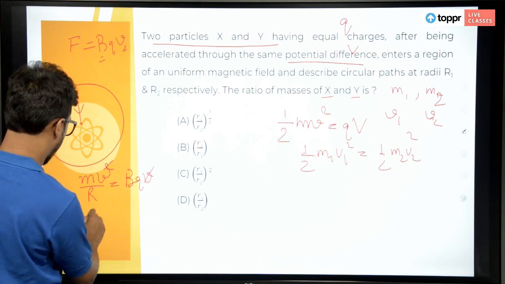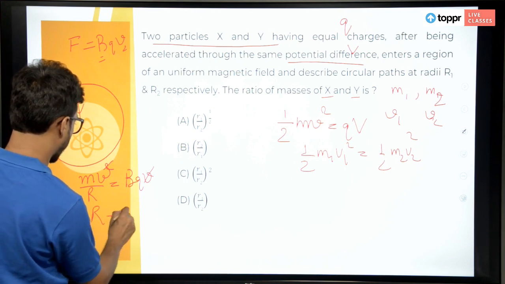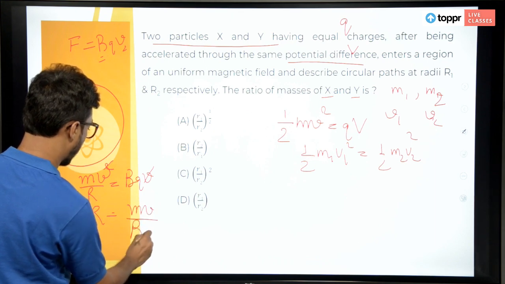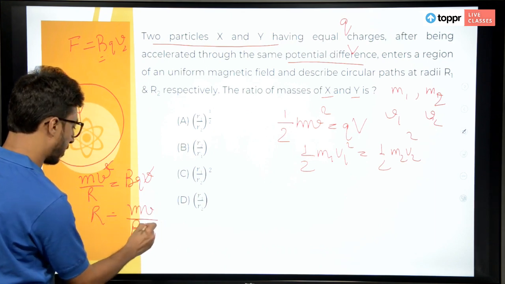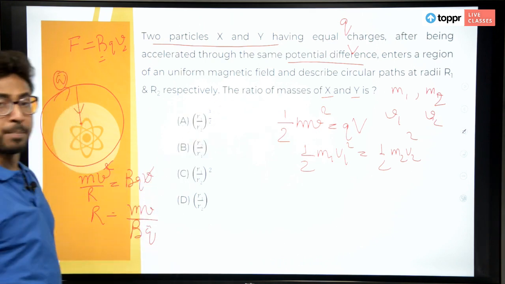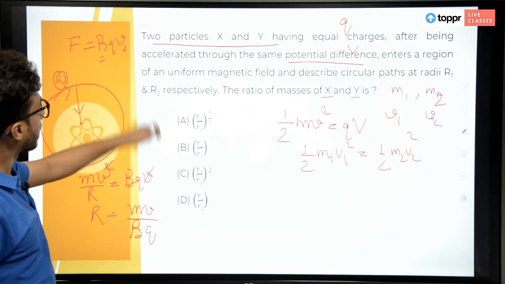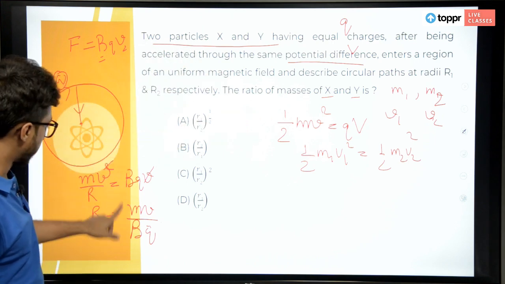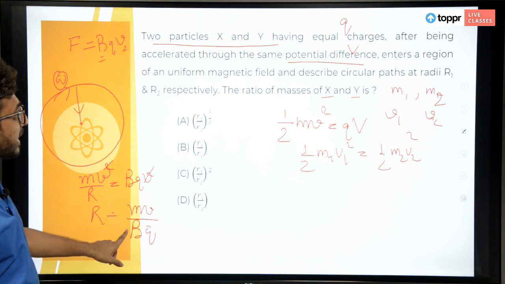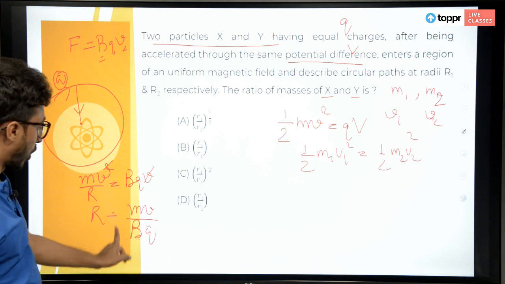The radius r is nothing but mv by BQ. So, the radius of the circular path that the particle follows is given by mv by BQ. See, B is the magnetic field, Q is a charge, which are constant.